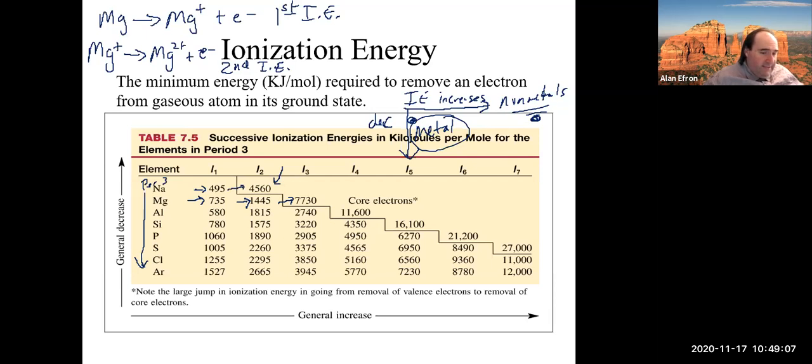It goes up almost tenfold in terms of the energy that's required. So sodium will lose an electron here, being our first ionization energy. Then that second one would come off, making it Na2+ and an electron, which would be our second ionization energy.